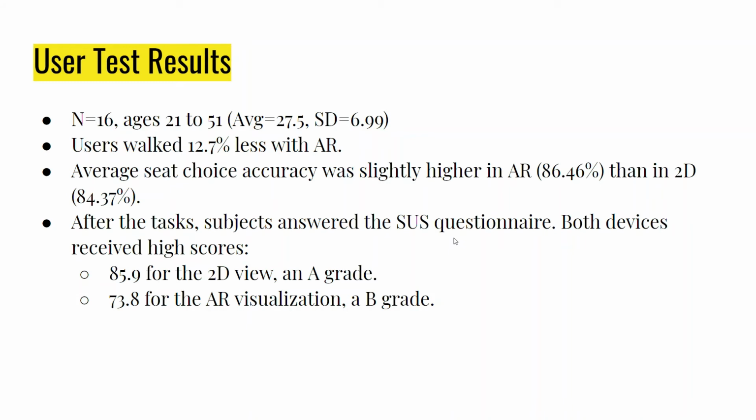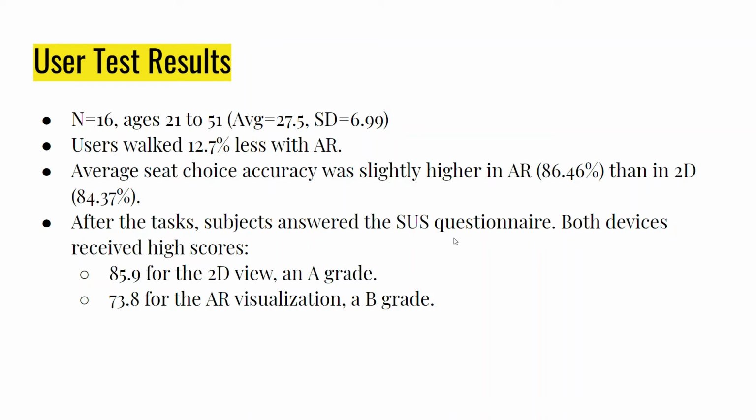The users would go through the data either in AR or in 2D. They would then make a choice for their seat and proceed to sit on it. Both the accuracy of the choices related to the data displayed and the number of steps taken by them were measured, as well as their perceived usability of each approach with the System Usability Scale questionnaire.